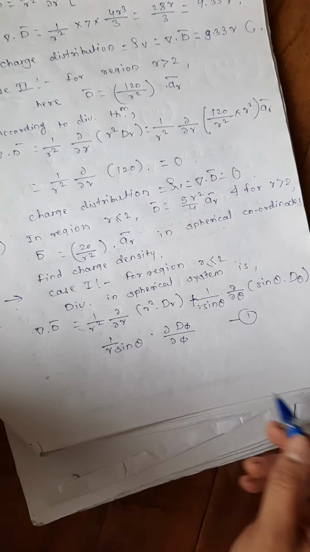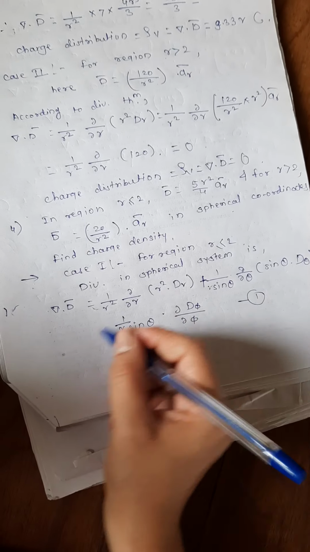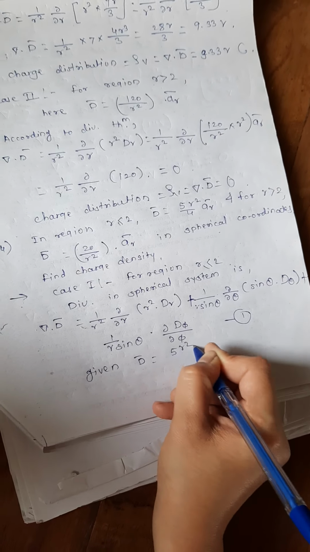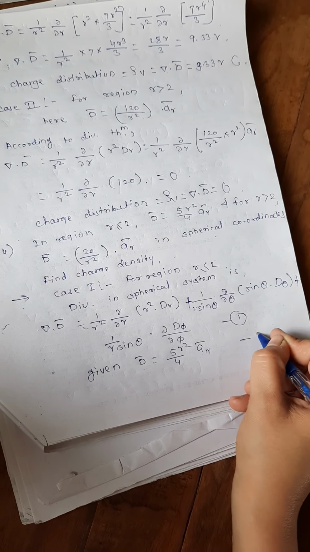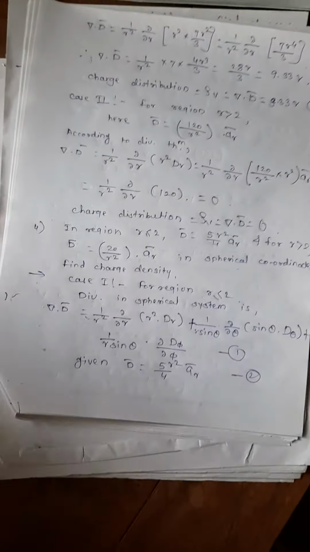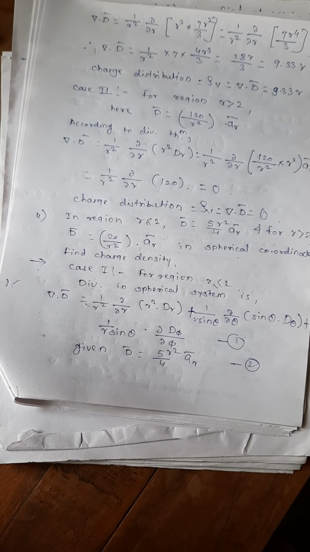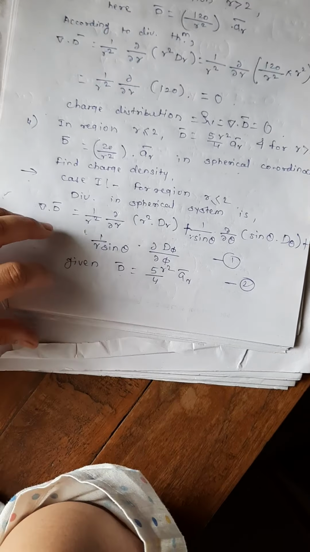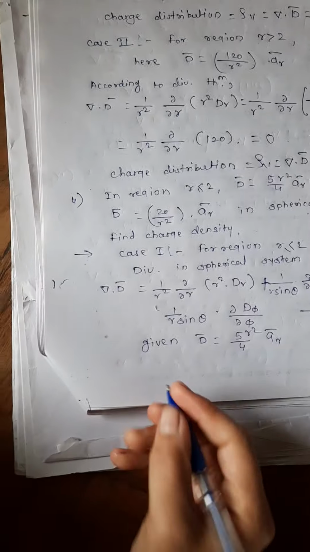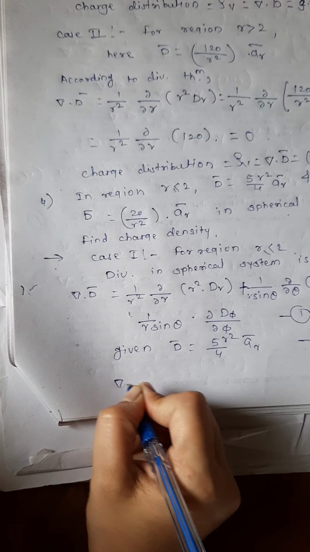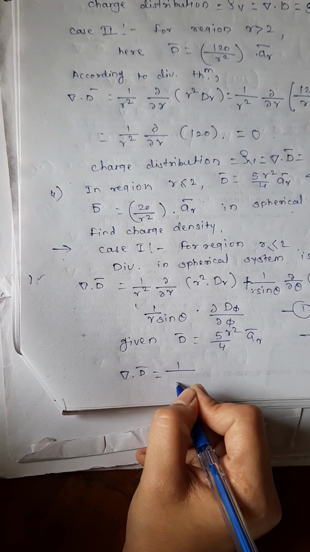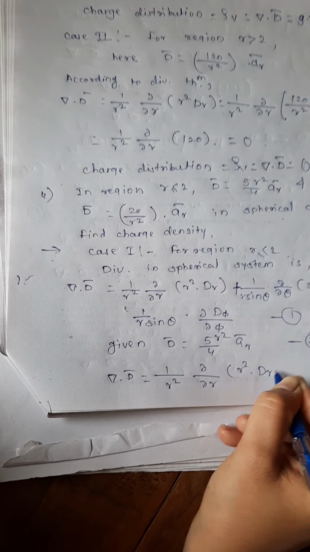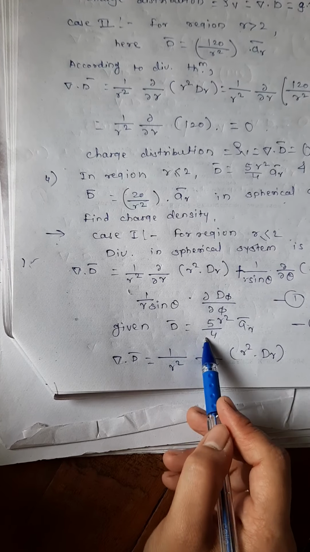Now in the given region, the equation of D bar is given. So the equation of D bar is 5r square by 4 ar bar. This is equation number 2. This equation does not contain the terms phi and az. So we will eliminate all those terms, and equation 1 becomes del dot D bar is equal to 1 by r square d by dr of r square Dr. Now we substitute this value of D here.